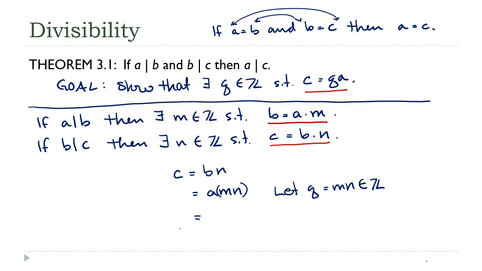So C is equal to Q times A. Not just for some integer Q, I actually know the integer Q, Q is equal to M times N, and that's what I needed to show. Therefore, we can conclude that A divides C, which is what we wanted to show.